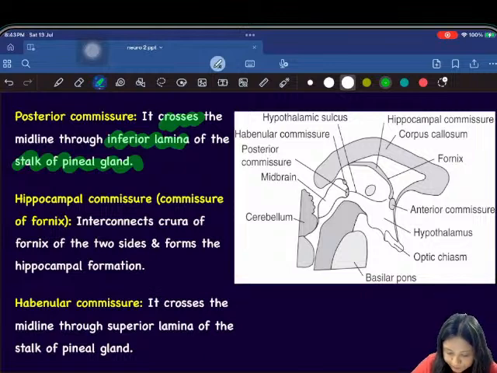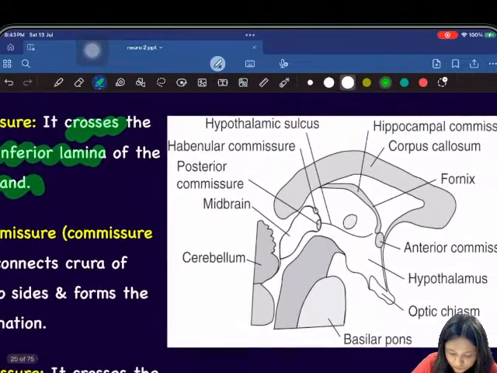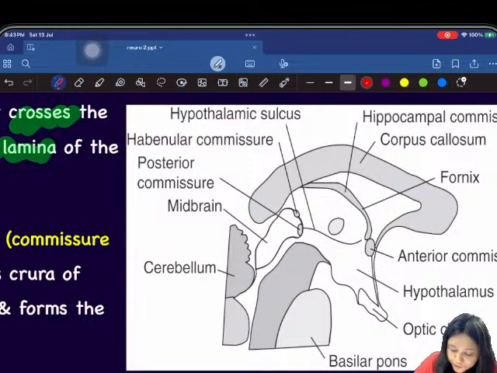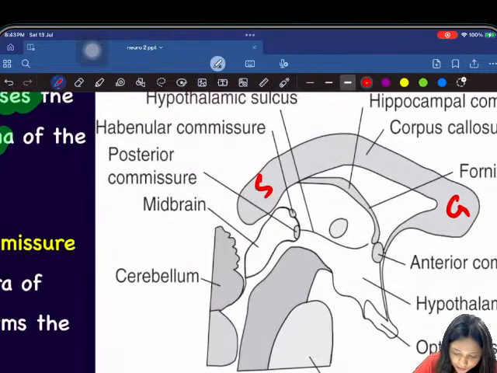So you can see here, as I told you, this is the genu and this is the splenium. Now they have shown here, this is the posterior commissure.